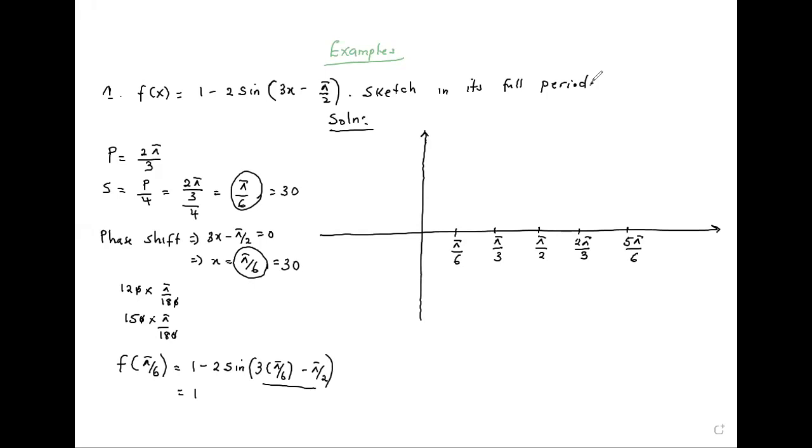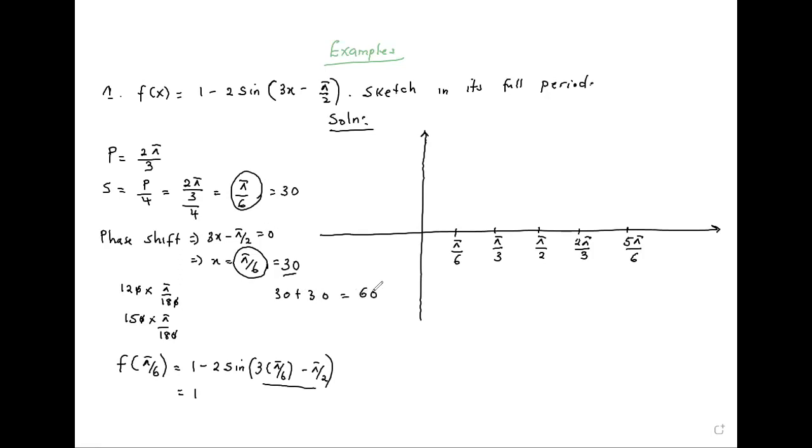Where did the 120 come from? The idea here is we want to sketch this, so we need to get points. How do I get the points? I go to the first shift and add the scale until I get to the end number. Our first shift was 30. So 30 plus 30, we got 60.